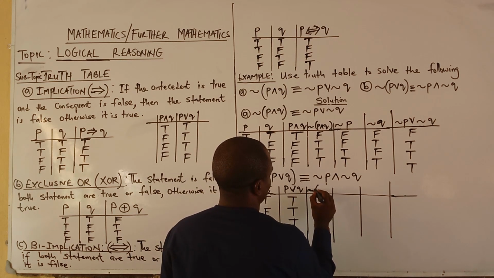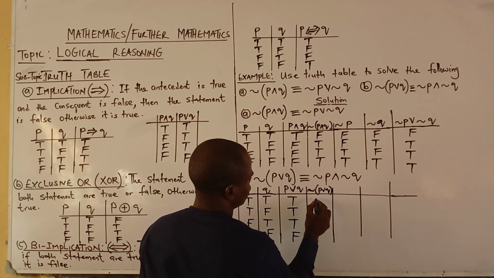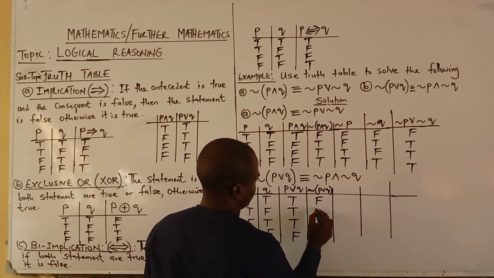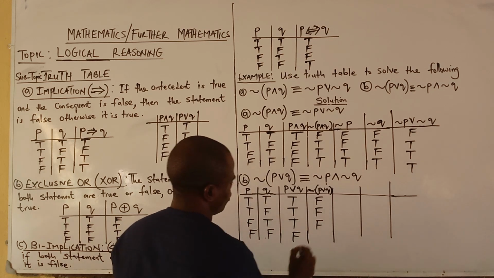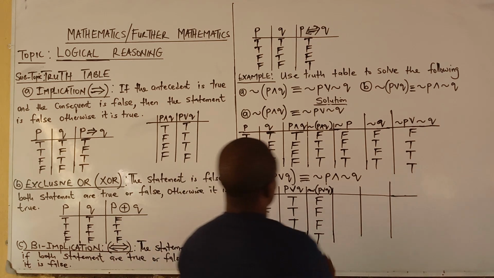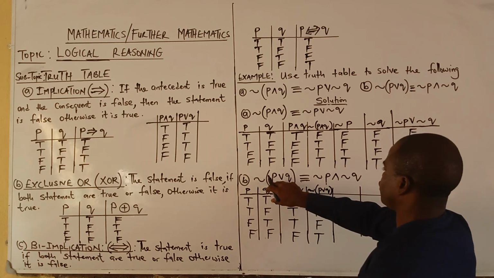Negation of P disjunction Q: F F F T. We have finished with the left hand side.